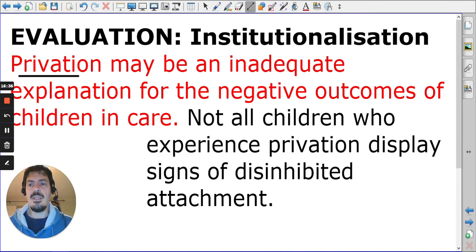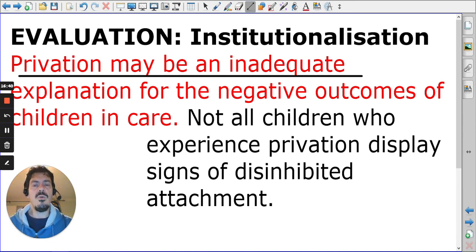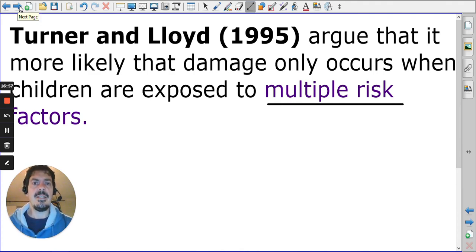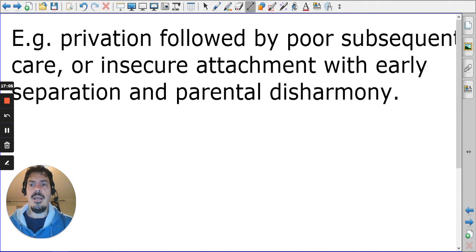One of the things we need to argue is that privation is an inadequate explanation for all the negative outcomes of children in care. The problem is that there are often multiple risk factors that come into play, and not a single one that these children are potentially exposed to. So by simply saying that mental retardation and disinhibited attachment are the outcome of institutionalization, we ignore that there could be a number of other things.